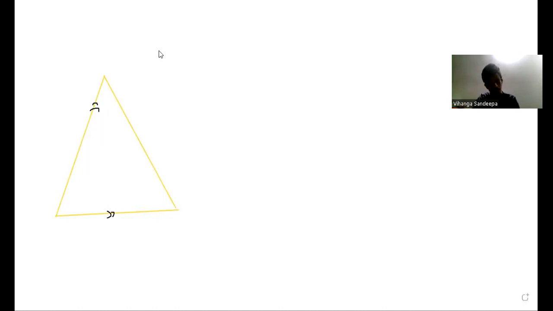So we have to draw a triangle again. It is ABC. The midpoint of the side AB is X, AC is Y, and BC is Z. So we have to construct another one.